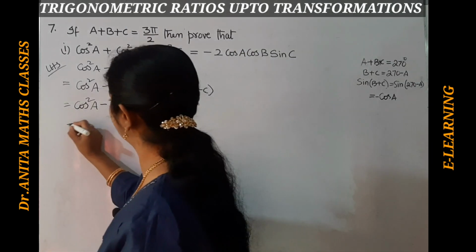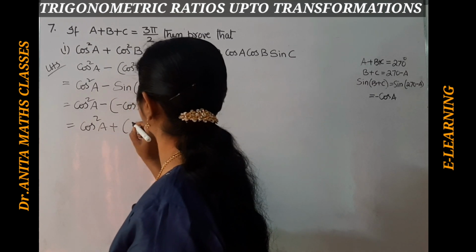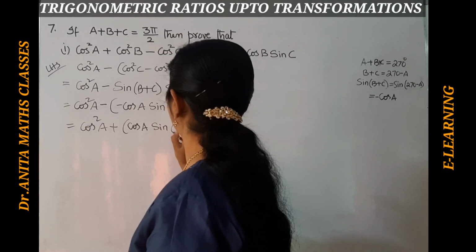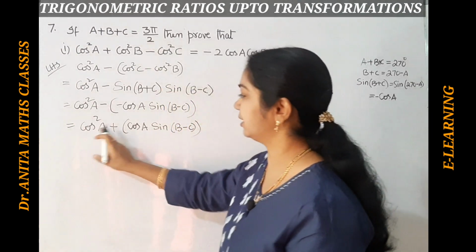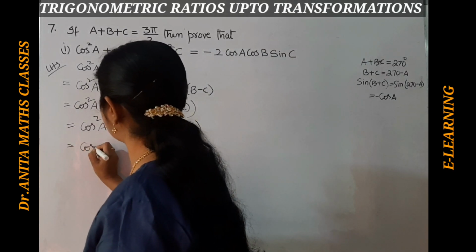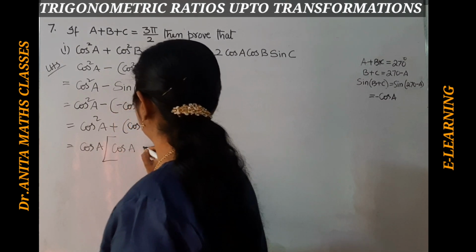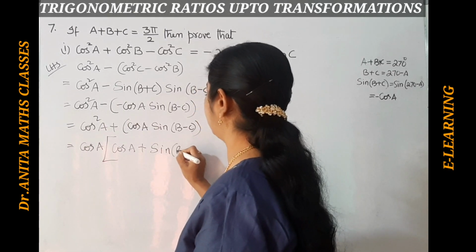So cos square a plus cos a sine b minus c. You can take cos a common, so it becomes cos a, and another cos a plus sine of b minus c.